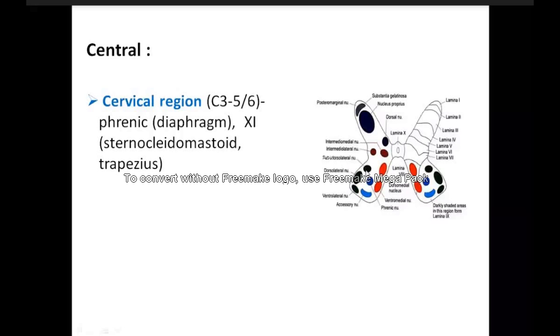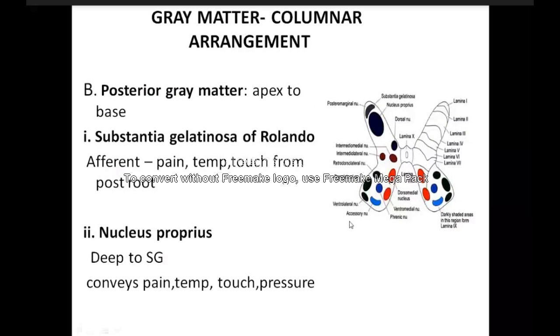Now come to the posterior horn. So this is the posterior horn, up to here, the black color. Now the posterior horn is considered as the apex, and the base is here. Just at the tip, you find one nucleus known as the substantia gelatinosa of Rolando.